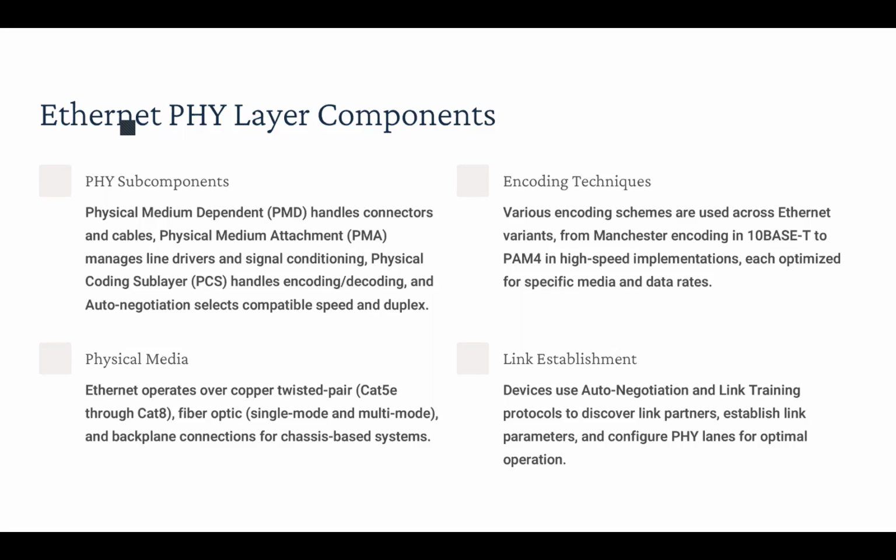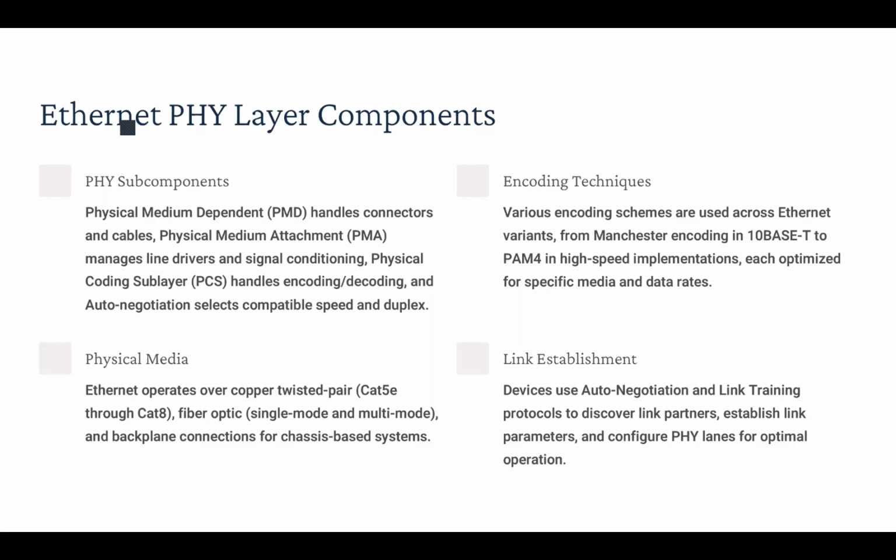For allowing higher data rates by transmitting multiple bits per symbol, we could use PAM4, which is pulse amplitude modulation with 4 levels. From the physical media perspective, Ethernet supports various transmission media. We already talked about them: twisted pair copper, fiber optic, backbone interfaces.